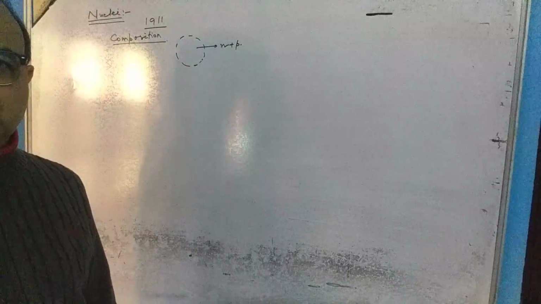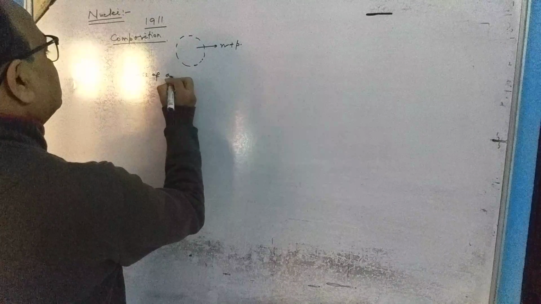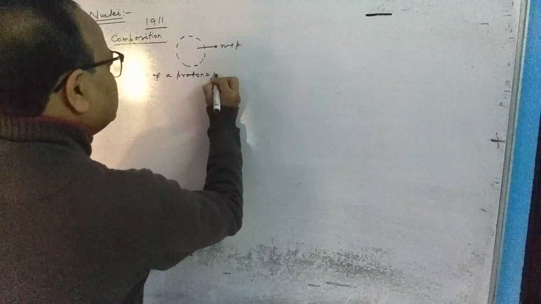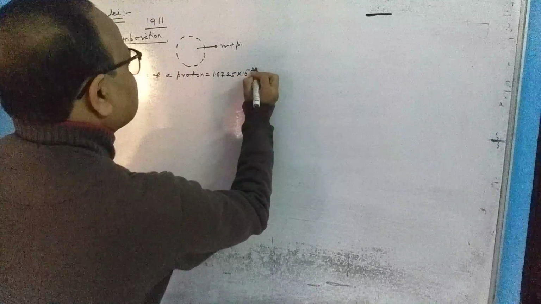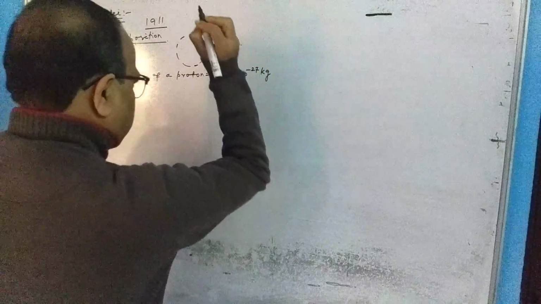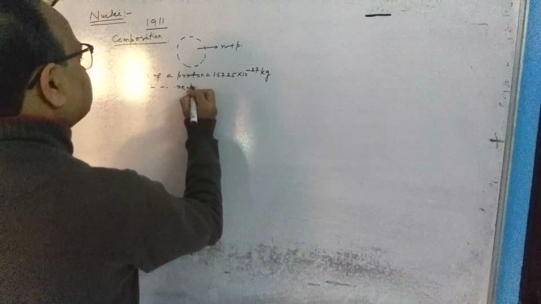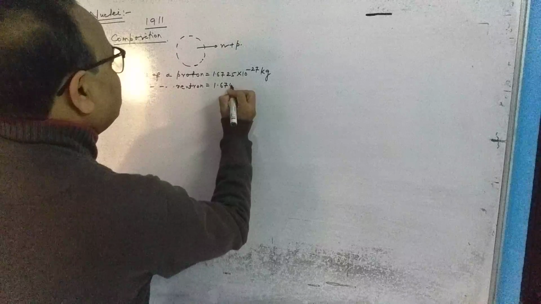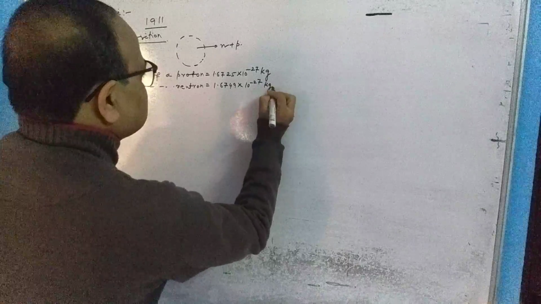Neutrons and protons, if we talk about their masses, mass of a proton is nearly 1.6725 into 10 to the power minus 27 kg, whereas mass of a neutron is 1.6749 into 10 to the power minus 27 kg.